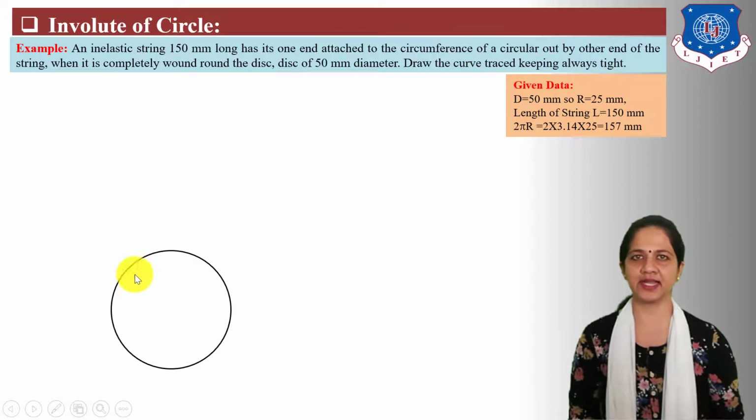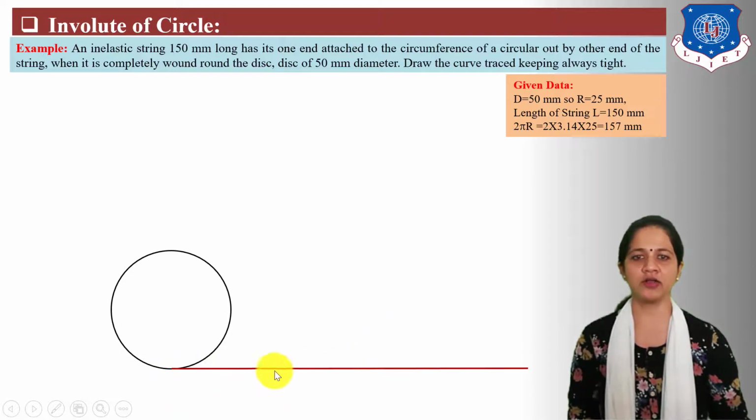First, draw a circle having radius 25 mm. From the bottom point of the circle, draw a string having length 2 pi r, which is equal to 157 mm.